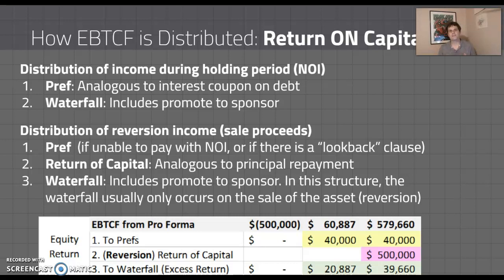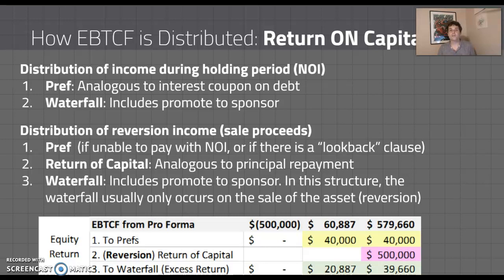So a big difference here is that we add our return of capital only in the final period, when we sell the asset. So on sale of the asset, and this can also include income from that final year, we would have the pref that we would pay over with the income, and if we're unable to make it up with the income from that final year, we would use some of the sale proceeds first to make sure that the preferred return is paid.